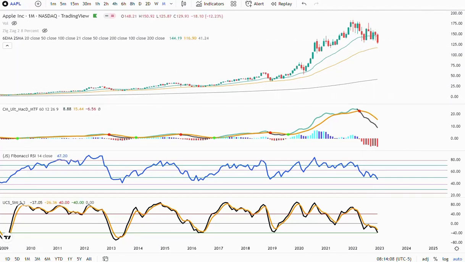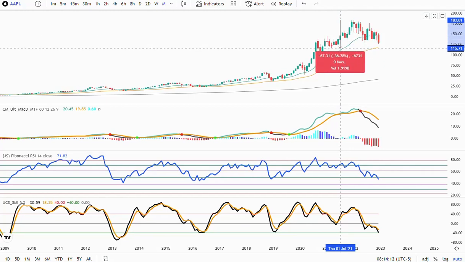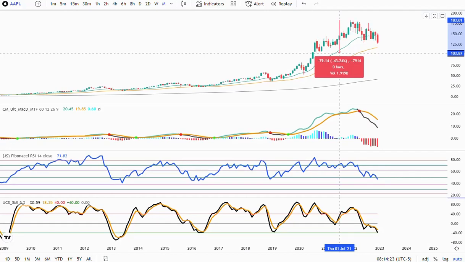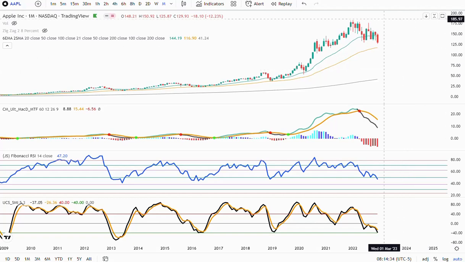Now, if it falls to the monthly 50, what would be the total decline? If it falls to the monthly 50, Apple will fall around 37%. If it falls to around the 61.8 fib, Apple will fall around 43%. So based on the past, it looks like the correction is not deep enough.